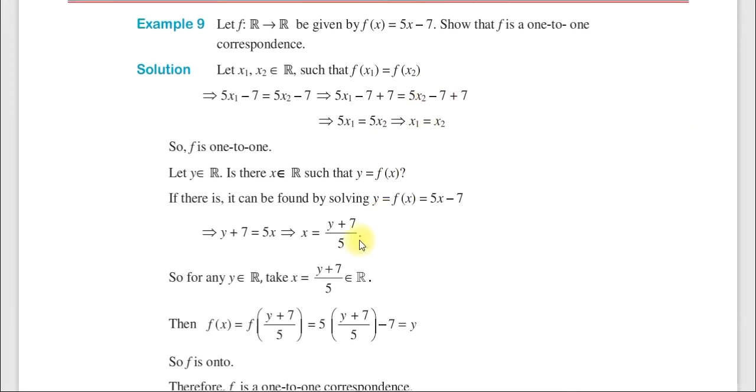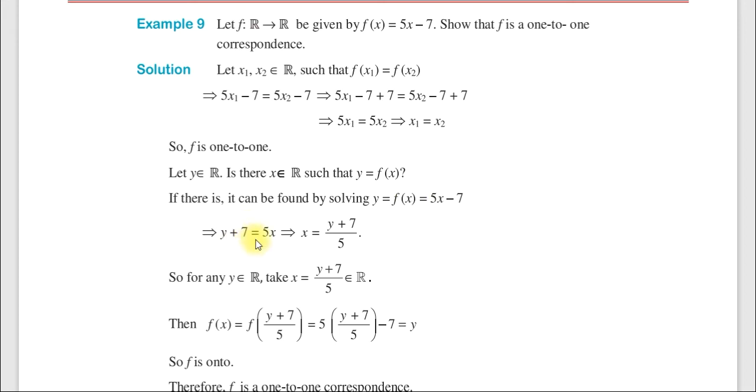To check whether it is onto, we check whether y equals f of x. If there is such an x, it can be found by solving y equal to f of x, which is equal to 5x minus 7.